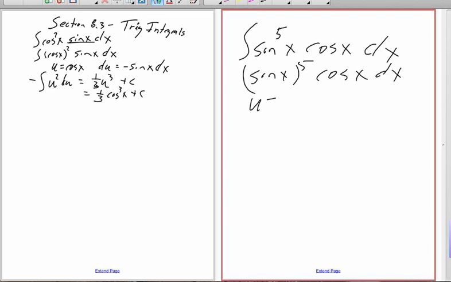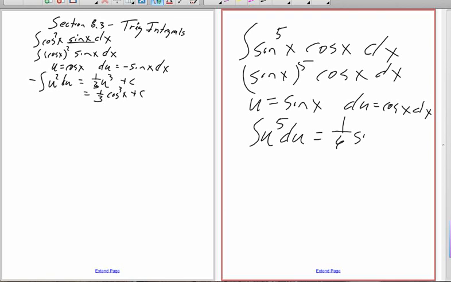Here my u is sine of x, du is cosine of x dx. So I've got basically the integral of u to the 5th du, which will be 1/6 sine to the 6th of x plus c. Okay, so that's nice and simple. If you just have either a sine or a cosine in a single power, then you've got it made.